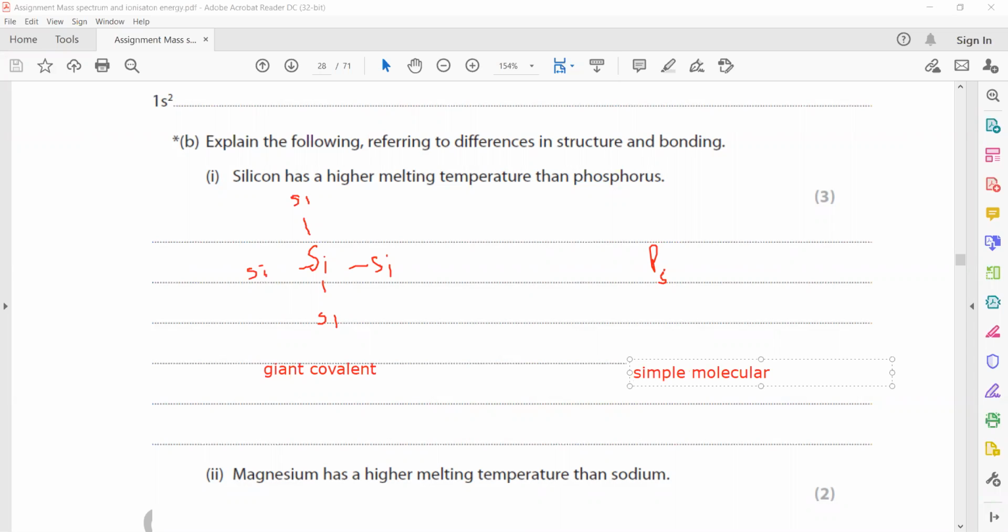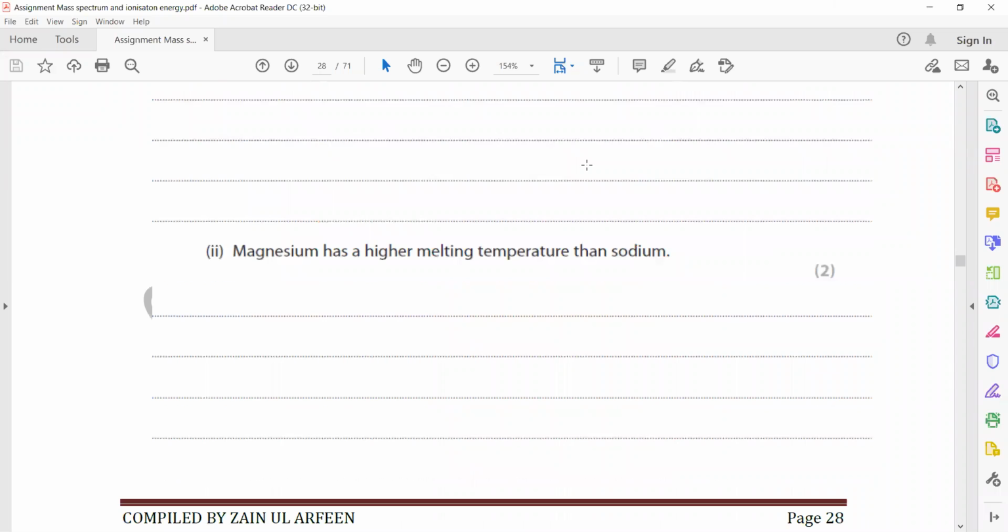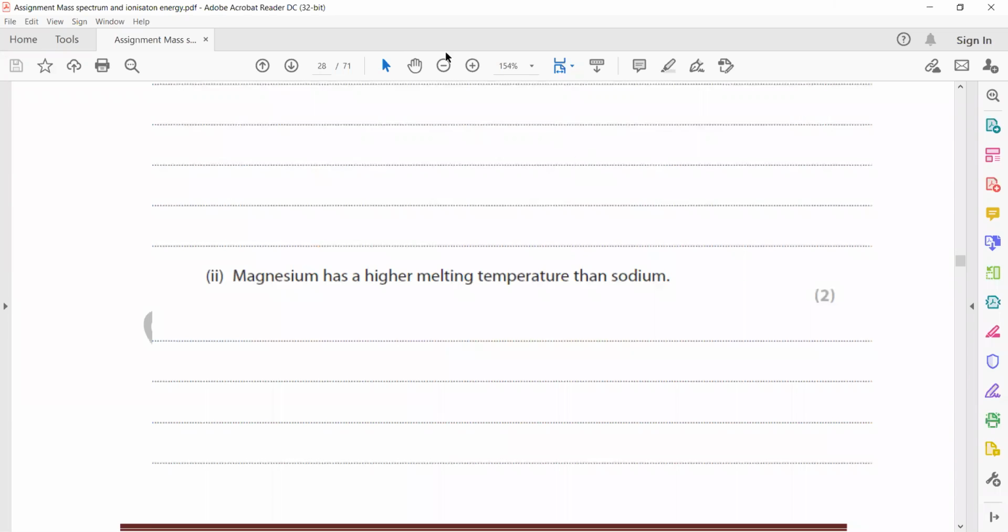Silicon forms four bonds and a greater number of bonds must be broken to change the state as compared to that of phosphorus. That's why it will have the high melting point. Magnesium has a higher melting temperature than sodium.